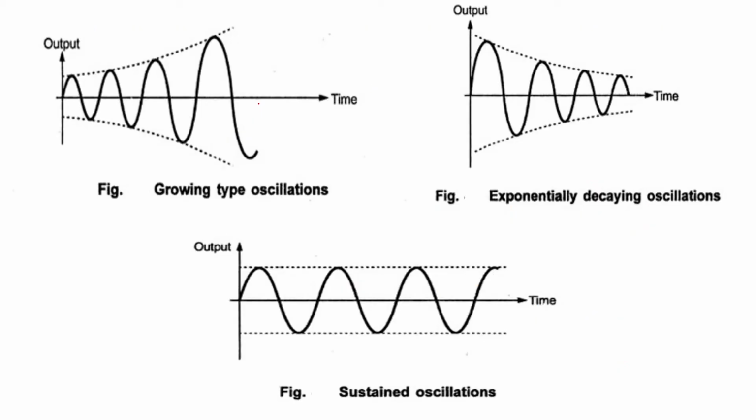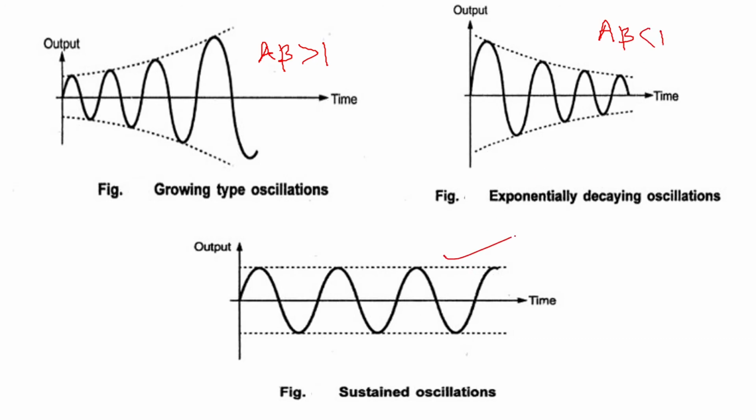So here I have shown different types of waveforms, oscillations. These are growing oscillations, which occur if the product of the gain of the amplifier and the feedback factor is greater than 1. This will be underdamped decaying oscillations if the gain of the amplifier times beta is less than 1.